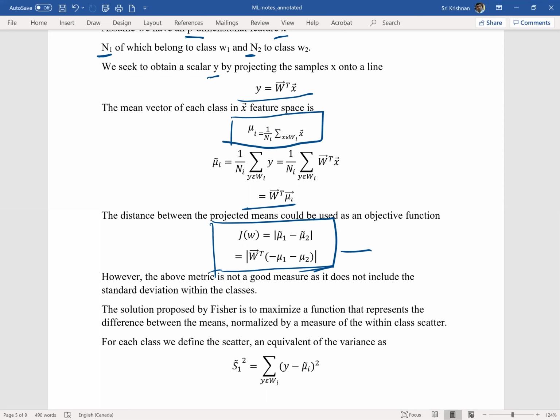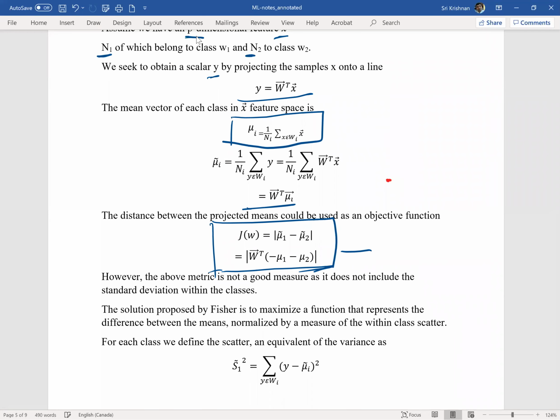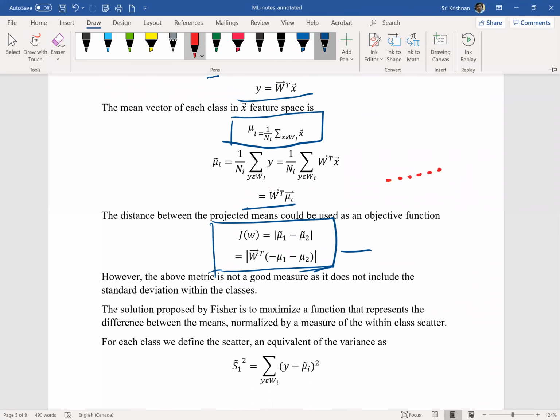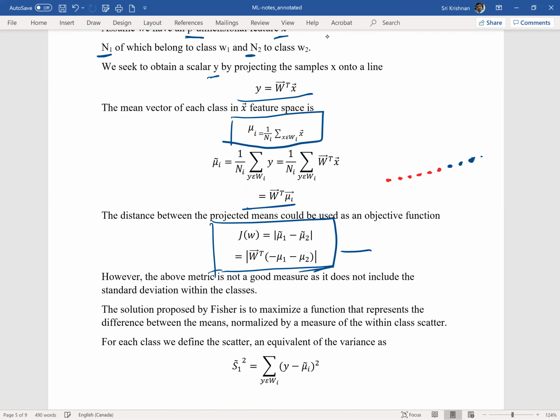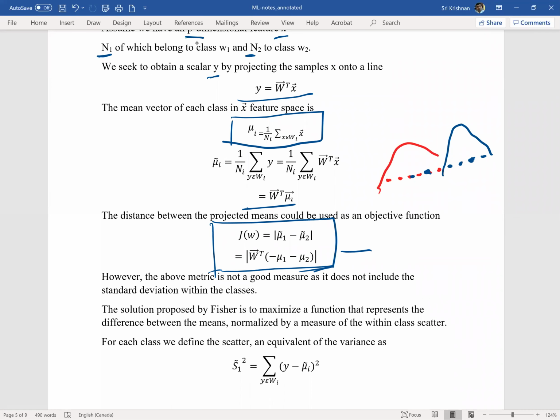To give an idea, let me just draw two possible cases. Let's assume I have class 1, which is all red points, and let's assume we have class 2, W2, with the blue points. There are also some blue points which are overlapping here. Let's assume this has a distribution for the blue, and the red has a distribution like that.